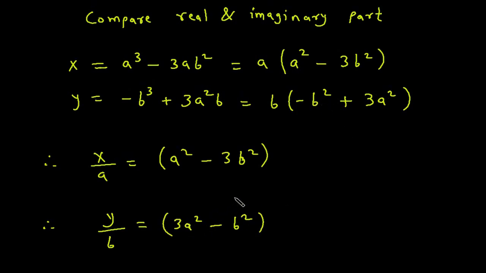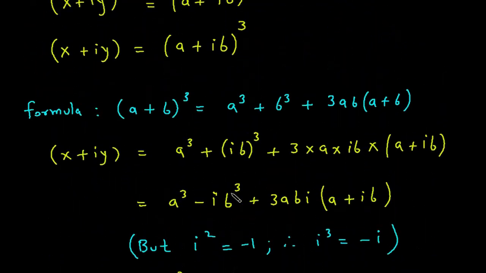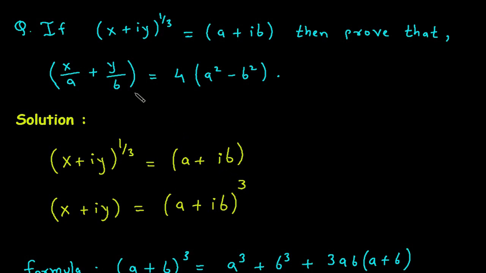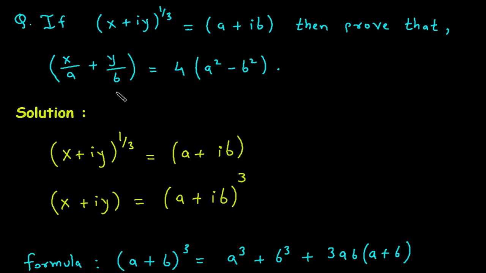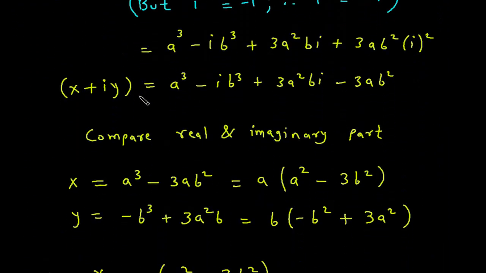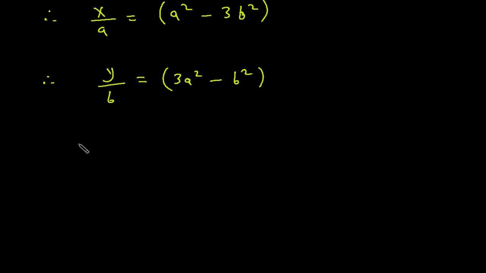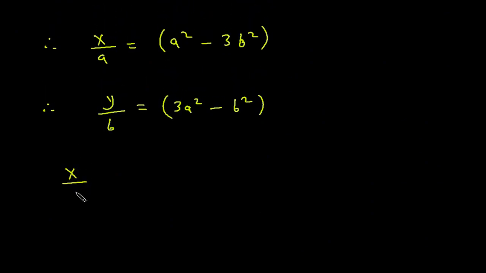Now what we have to find? We have to prove x/a + y/b is equal to 4(a² − b²). So we will solve x/a + y/b.